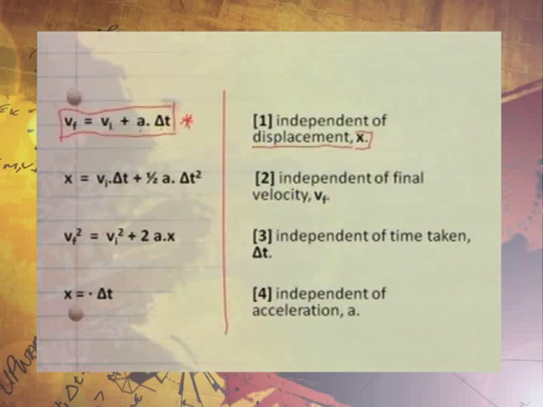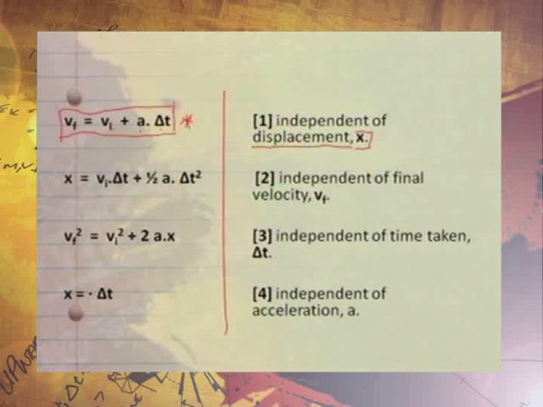Say it was V final or delta T, and in the information you don't have displacement. This could be used, and that's how you eliminate these equations to know which one to use, because you can't use all of them in a particular situation. One will definitely apply, and if you're lucky, you might have two applying. So it is very critical for you to choose the right one to use in solving that problem.